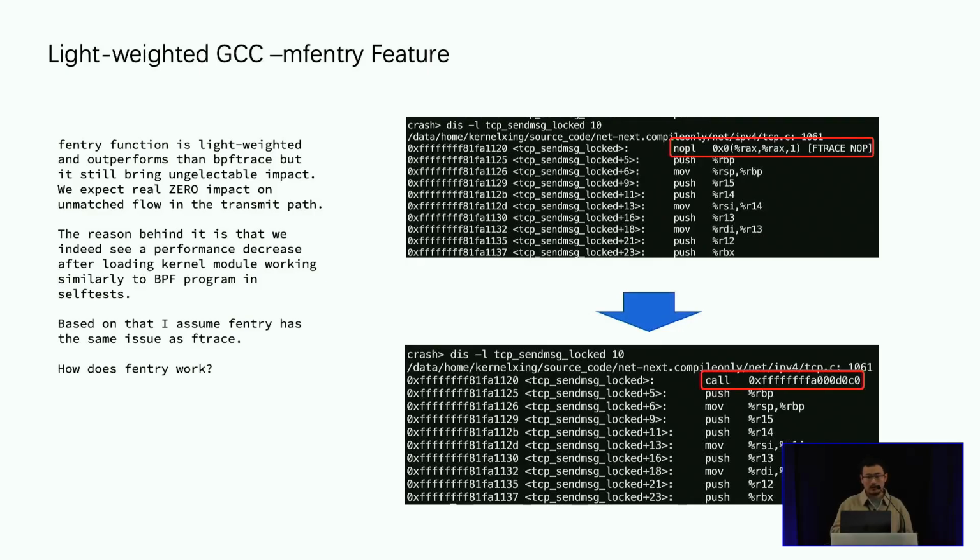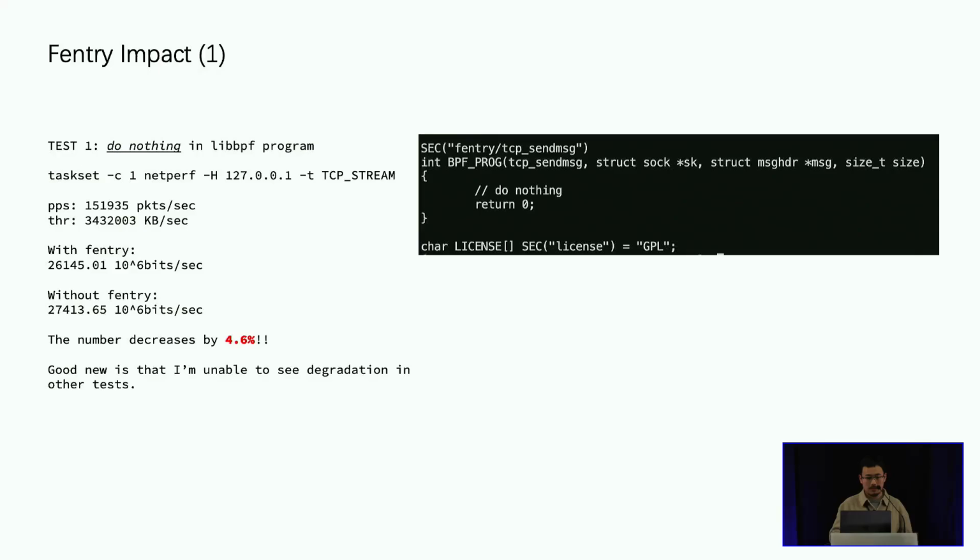But lightweight doesn't mean it's zero cost. The fentry impact, if you do nothing in the TCP send message, like this figure illustrates, and running netperf by default on the loopback, you will see a 4.6% decrease in performance.